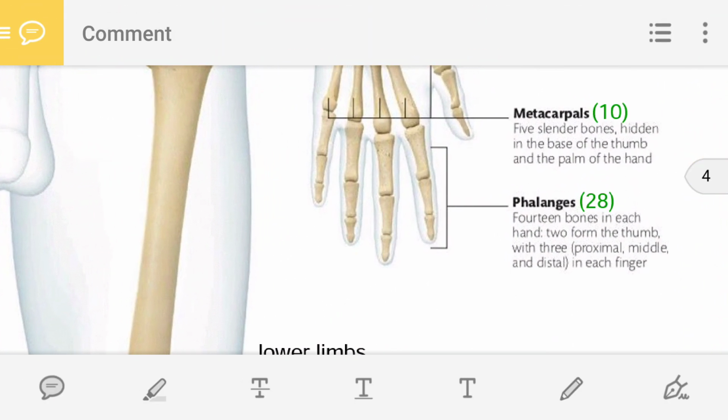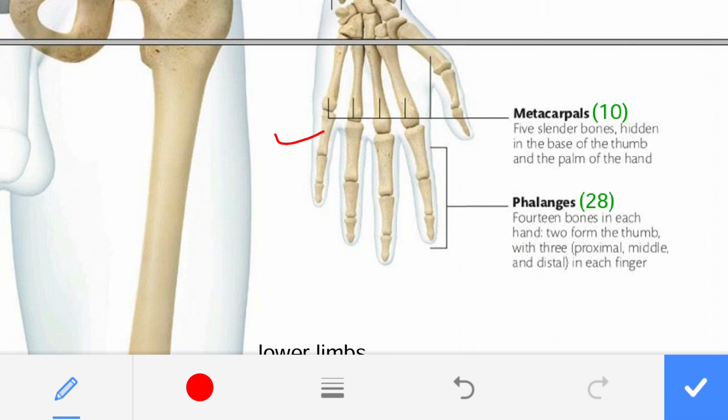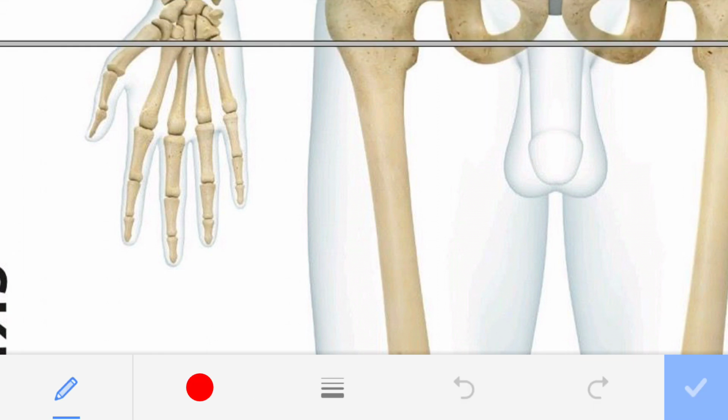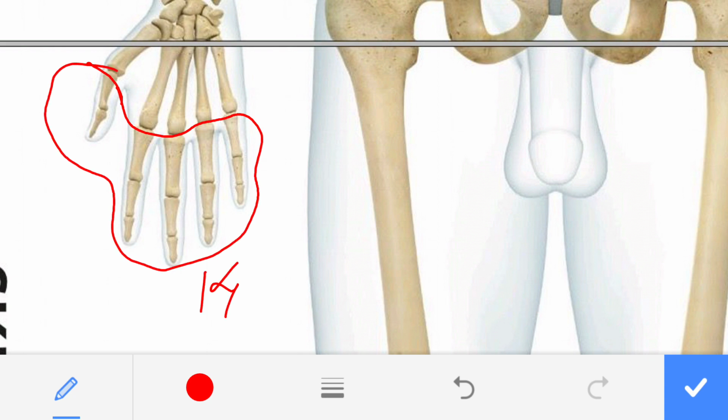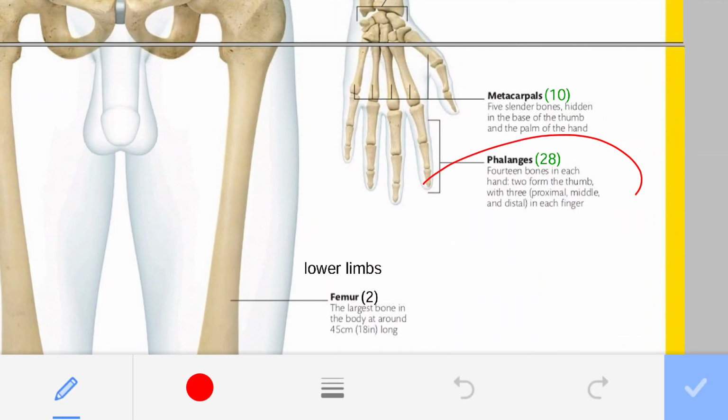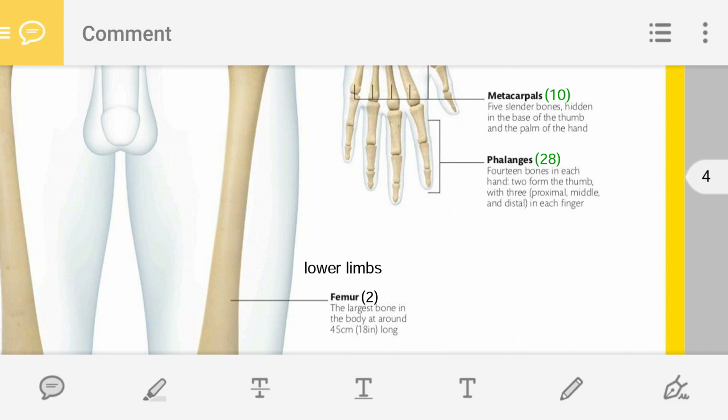For example, here if you count 1, 2, 3, 4, 5, 6, 7, 8, 9, 10, 11, 12, 13 and 14, so total 14 phalanges this side, and over here if you count, there are 14 phalanges. So 14 plus 14, that means 28 phalanges.